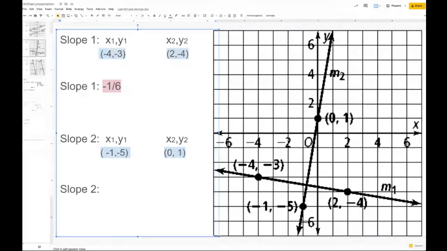The answer for this one is going to be positive, blank over 1, is 6. Thank you, Nicole. So it's going to be positive 6 over 1.